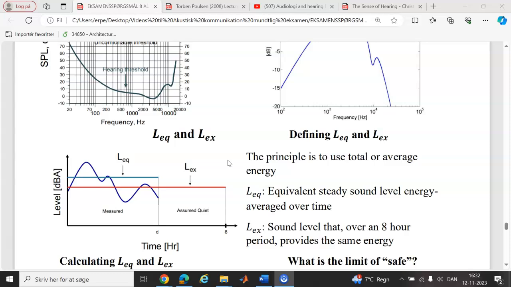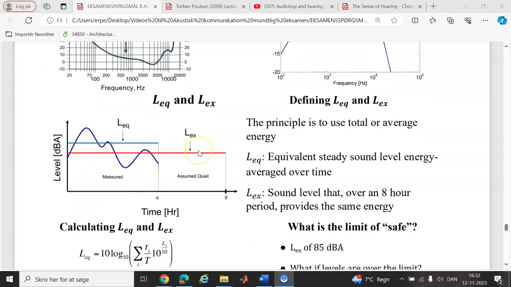The principle is to use total or average energy. LEQ is the equivalent steady sound level, the energy average over time. And LEX is the sound level that over an 8-hour period provides the same energy.